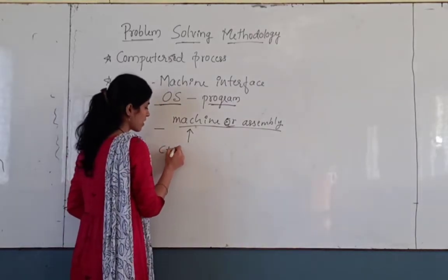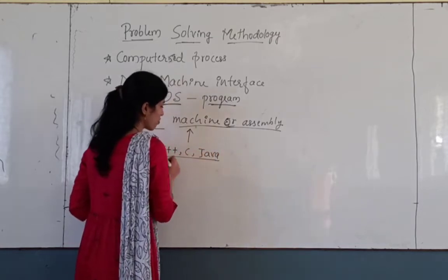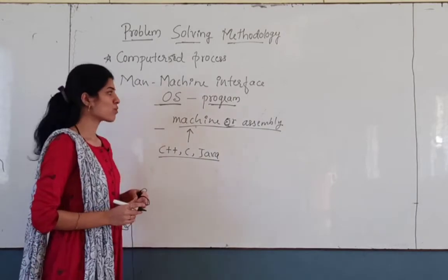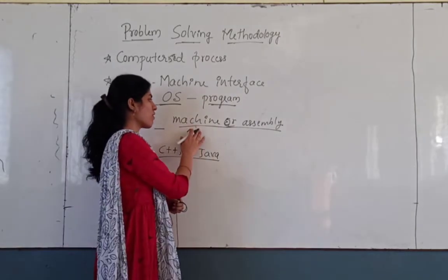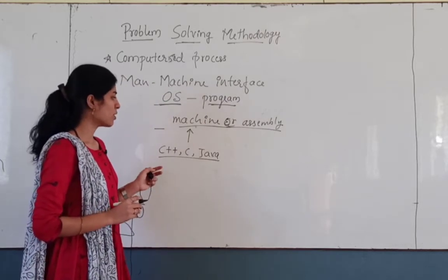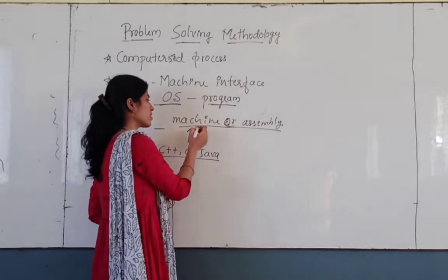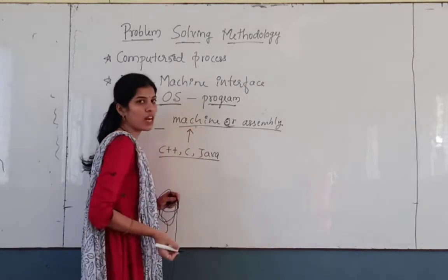C++, C, Java, all these high level languages are used, but the computer only understands machine level language. So if you use any kind of language, in the end it must be converted into machine level language.